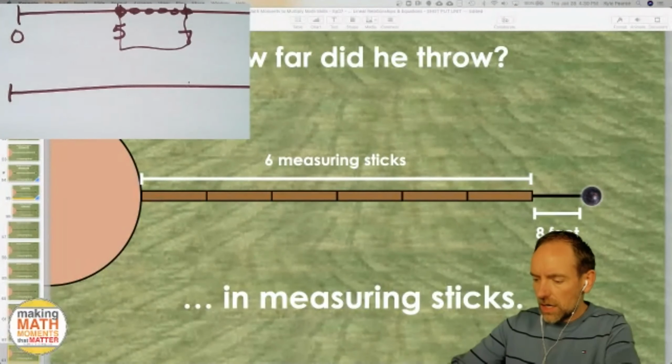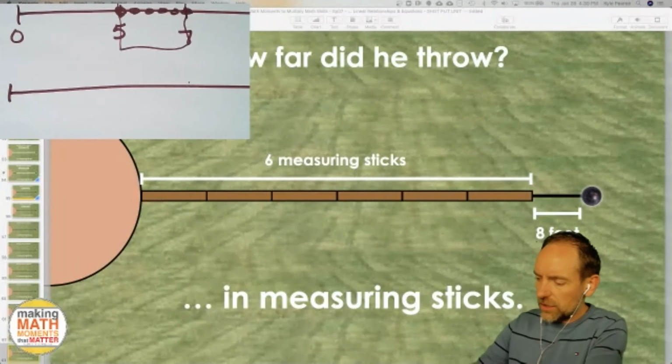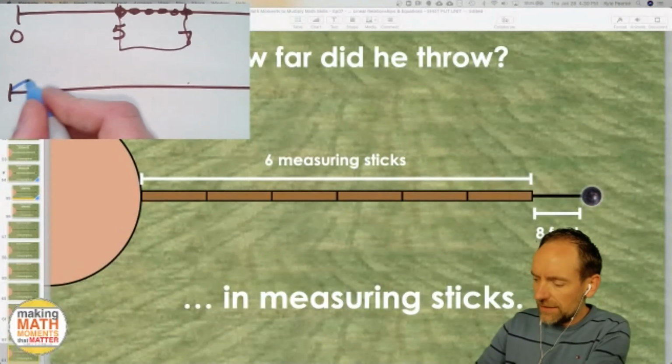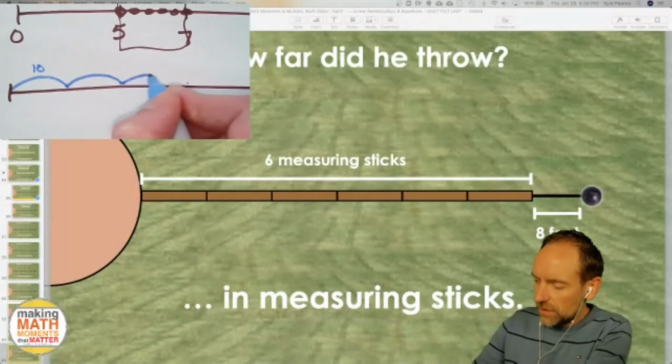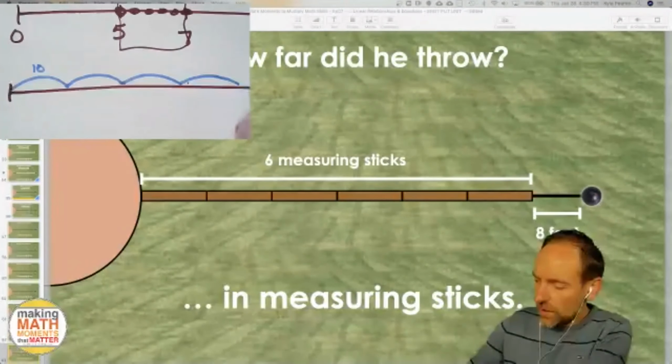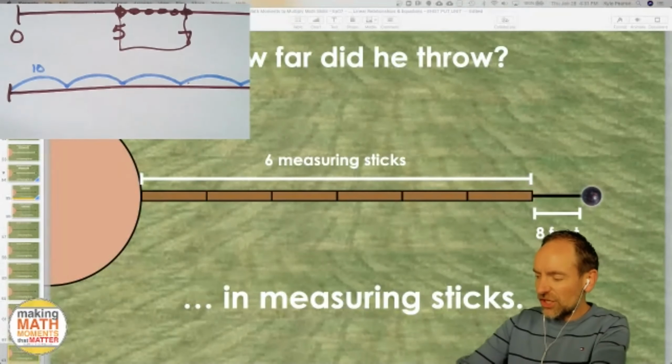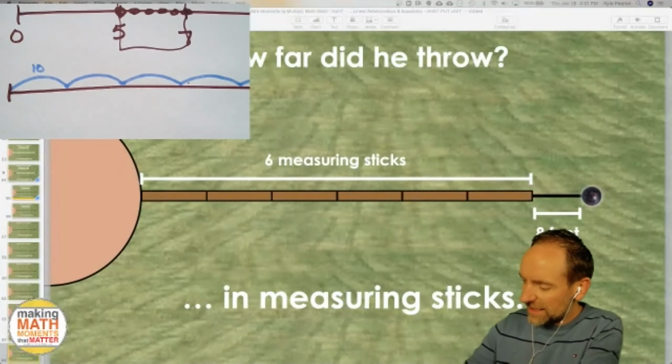So go ahead. I wonder if I could model that. Okay, so there's 1 jump of 10, 2, 3, 4, 5, 6 jumps of 10, and then plus this additional, is it 8 feet?